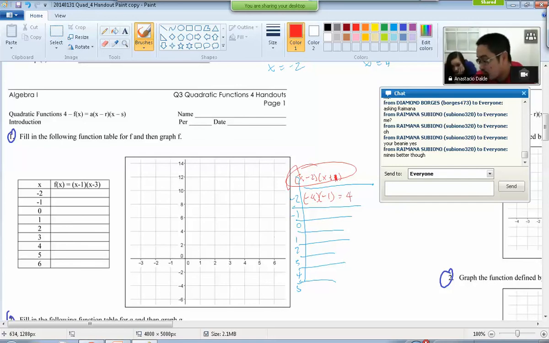So if I were to graph this, I would graph it at -2, +4. Like that. Cool? Alright. What if I plug in -1 into here? What's -1 minus 2? -3. What is -1 plus 1? 0. What is -3 times 0? 0. There we go.